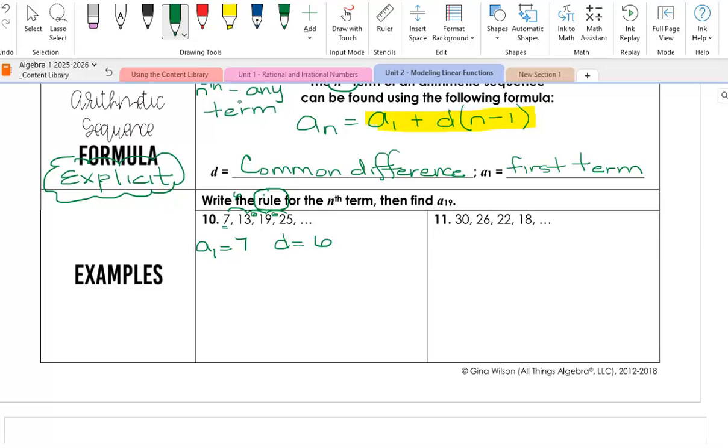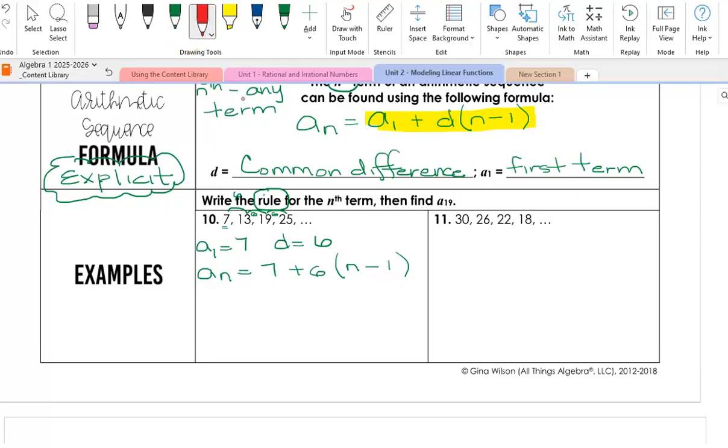Once you know these two things, we can write this. A sub n equals A sub 1, which is 7, D is positive, so it's plus 6, now we leave n alone, n minus 1. Okay, we're writing a rule.